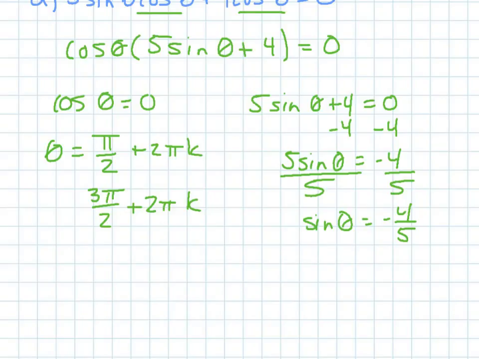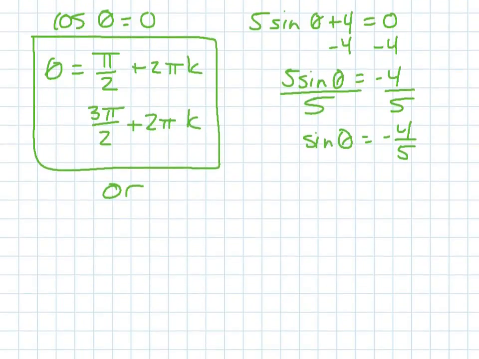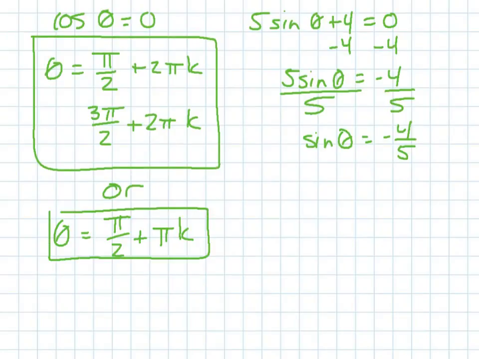If you added pi every time or subtracted pi every time from these two values, you would get each other and all their subsequent solutions. You certainly could leave it like this as an answer, or if you wanted a shorter answer, you could say pi over 2 plus pi k, because the distance between them is the same every time.